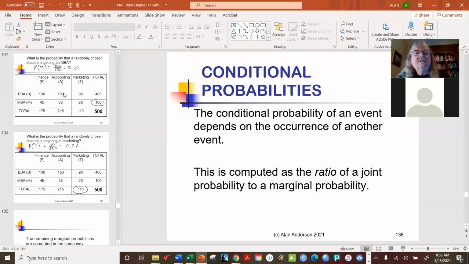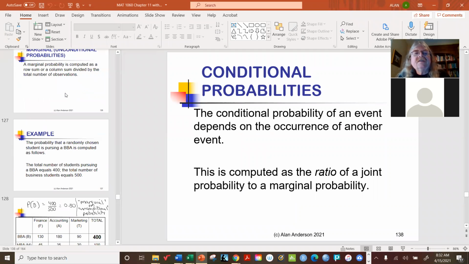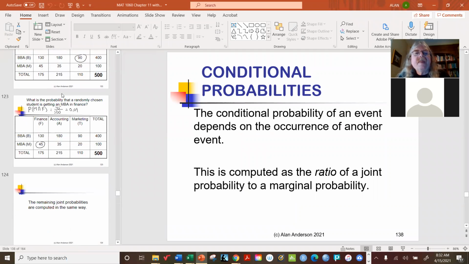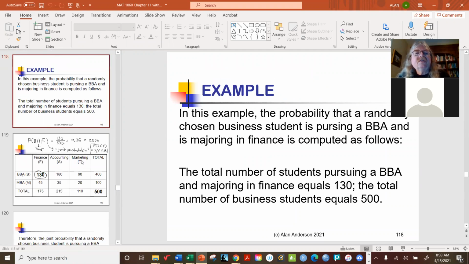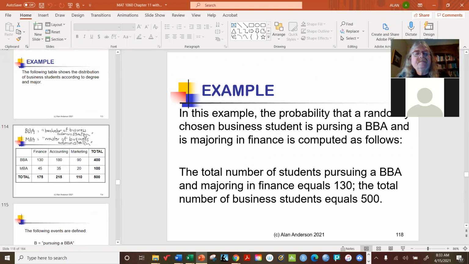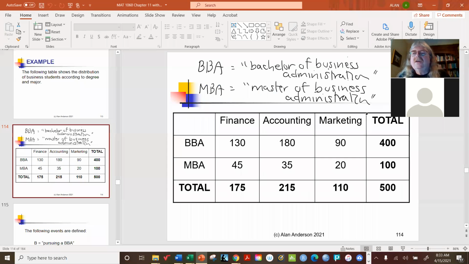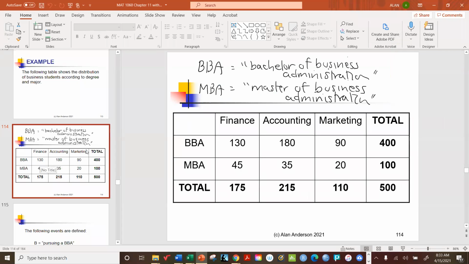So we studied several different kinds of new probabilities, and we analyzed them all with these charts based on the student body at this business school. And so we were able to determine how to calculate joint probabilities, which are the probability of two events both being true at the same time.